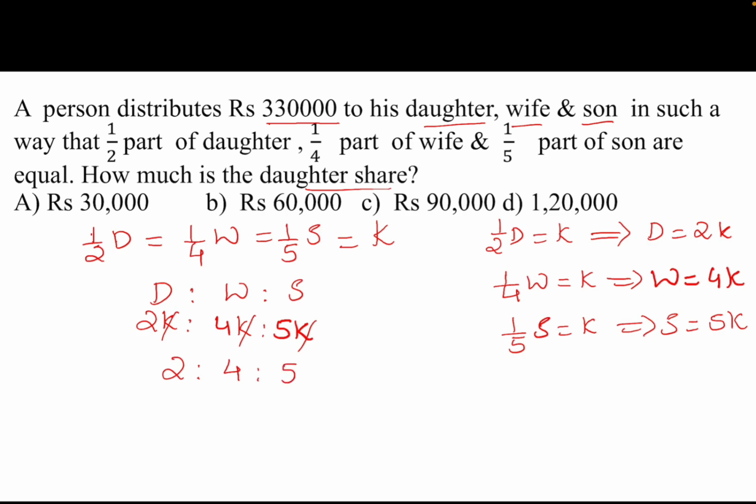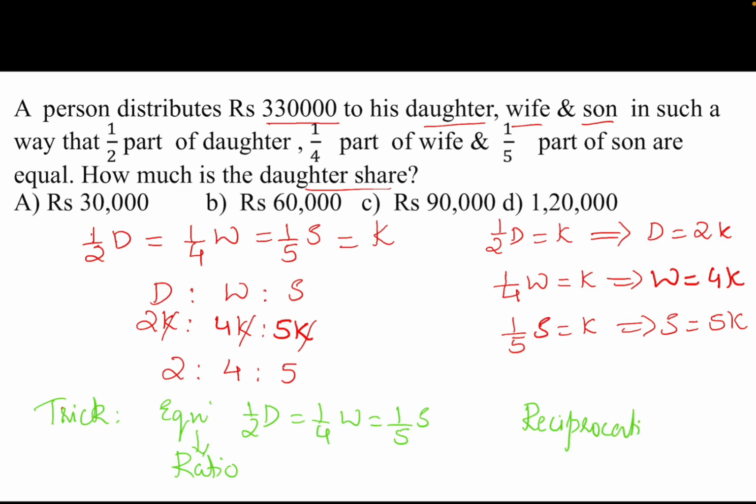So instead of doing all these things, there is a trick for this. What is the trick? The trick says that if there is any equation in this form, that is 1/2 D is equal to 1/4 W is equal to 1/5 S, this equation can be converted into ratio form by just reciprocating the fraction.